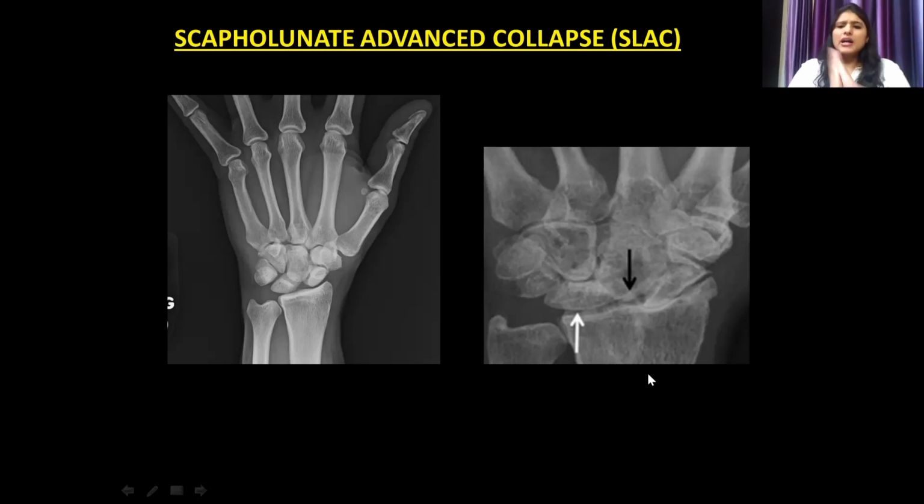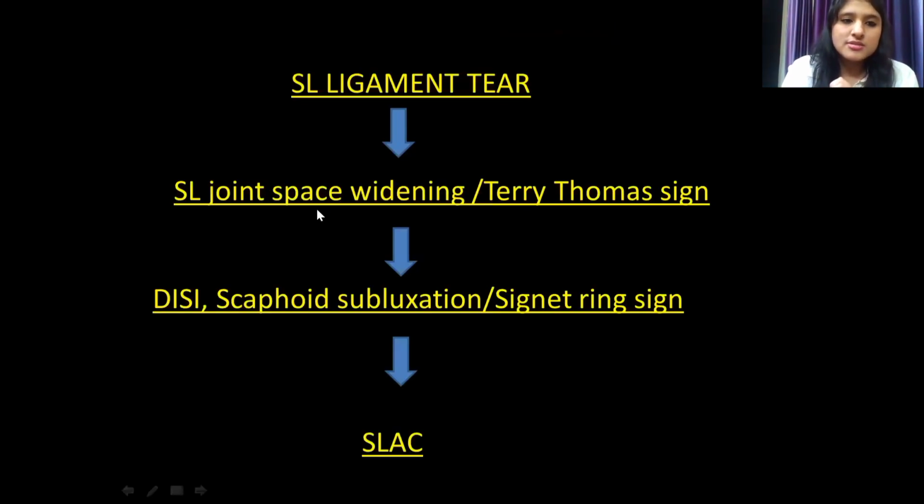So when left untreated, scapholunate ligament laxity or tear will lead to a continued, progressive pathological spectrum of findings. The initial presentation is scapholunate joint space widening, or the Terry Thomas sign, or the David Letterman sign. Next, there'll be dorsal subluxation of the lunate bone, which is DISI. Then there can be scaphoid subluxation, which causes the scaphoid to appear foreshortened on the PA view, and then the signet ring appearance, which I described earlier.